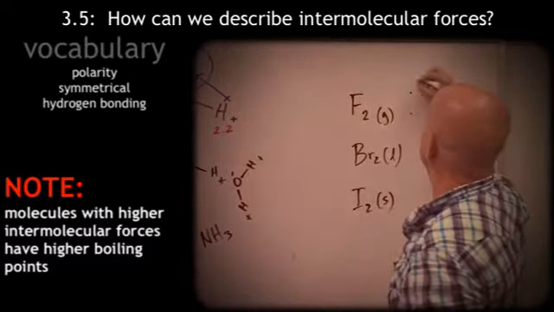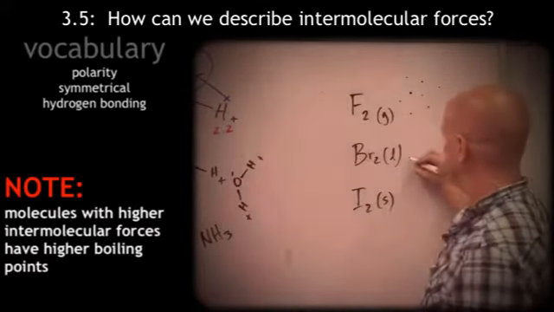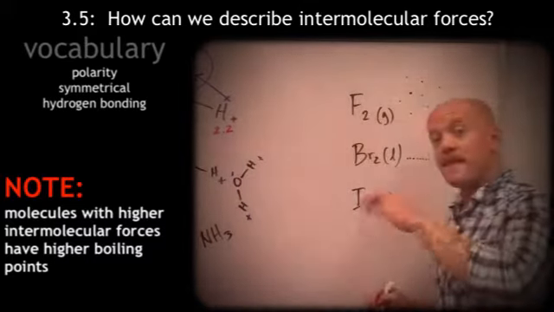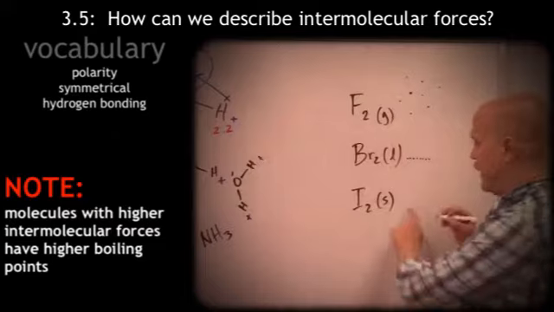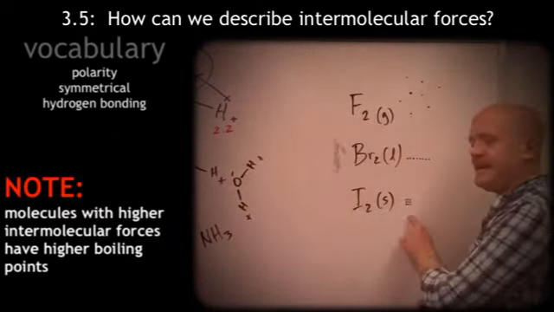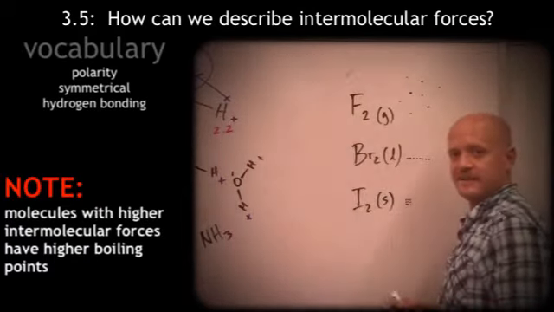They're all over the place because it has lower intermolecular forces. Bromine is in the liquid phase. It has a medium intermolecular force. And finally, iodine is in a solid phase. It has the highest molecular forces of any of the group 17 elements.